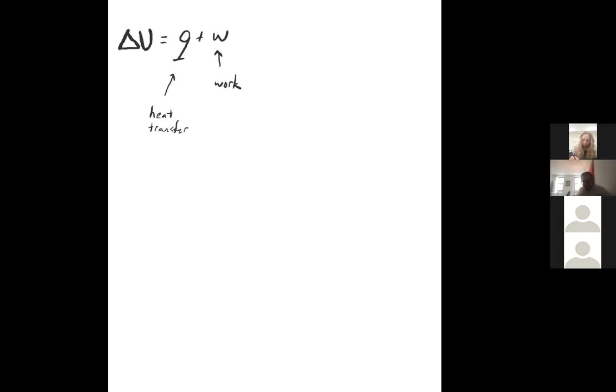This is called the change in internal energy. And it refers to the gas in the cylinder. When we talk about internal energy, we're talking about the gas in the cylinder. We're not talking about the water. We're not talking about the thermometer. We're talking about the gas that's in the cylinder.